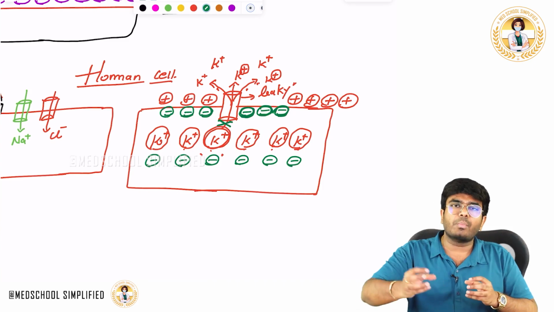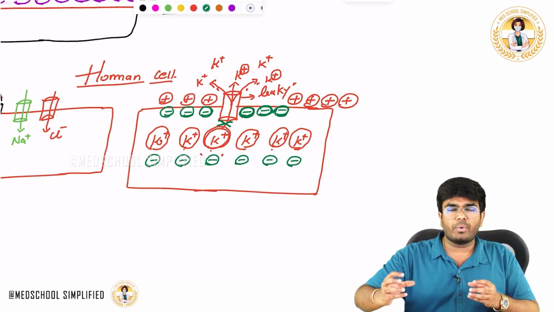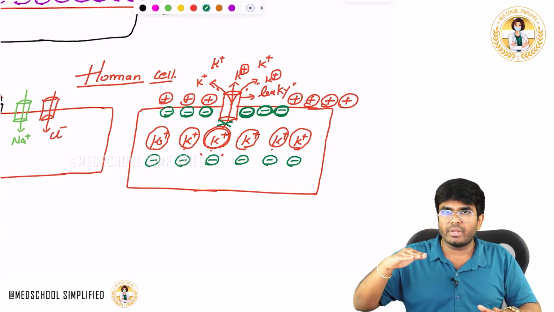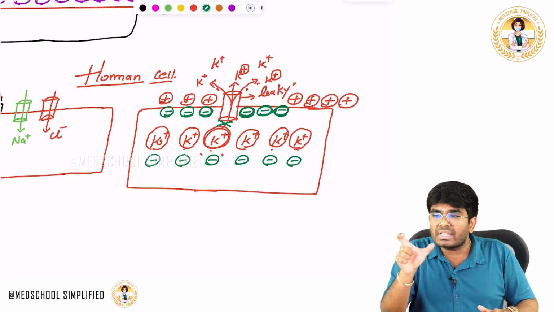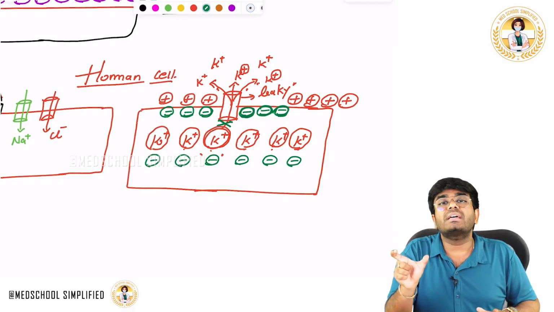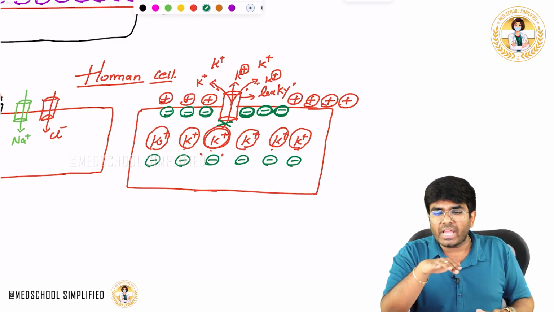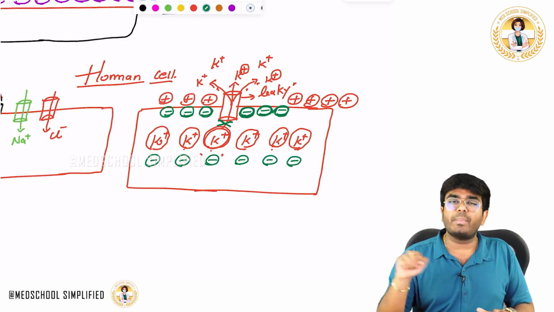So for a certain time the potassium will go out. Because of the movement of potassium out of the cell, negative potential is getting developed. At a certain time, this negativity will not allow the potassium to go out. Potassium movement stops because of this negativity.